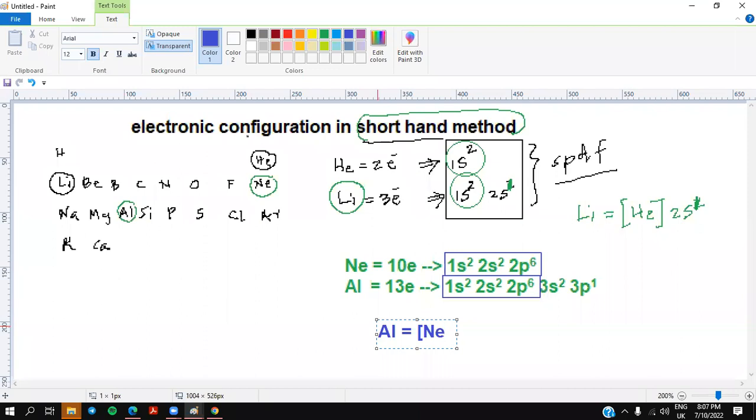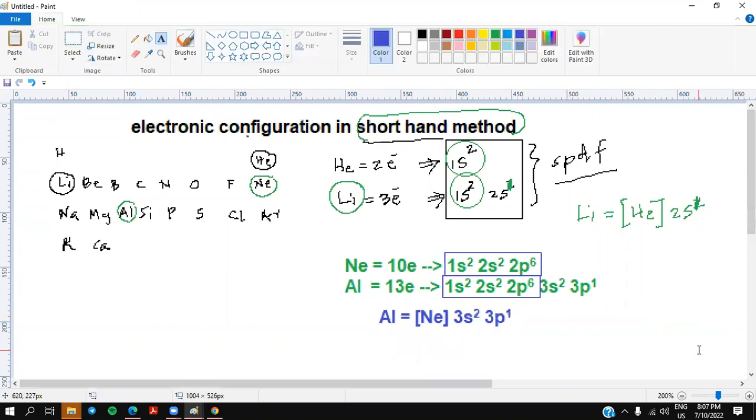So you write neon. After neon, we write 3s2, 3p1. You can write the electronic configuration for any element in this manner for shorthand method. I don't think it's difficult.